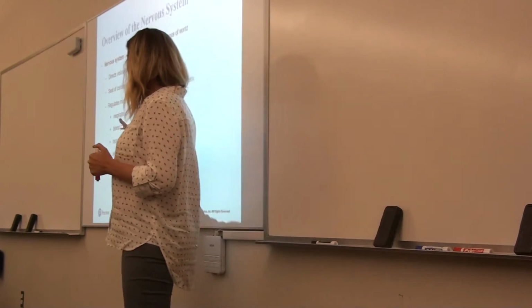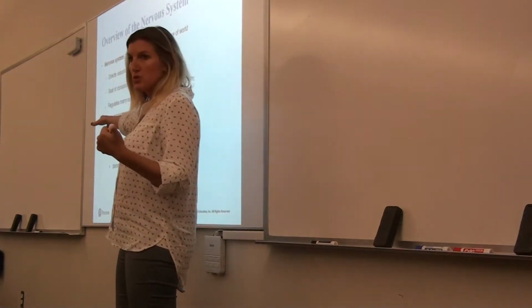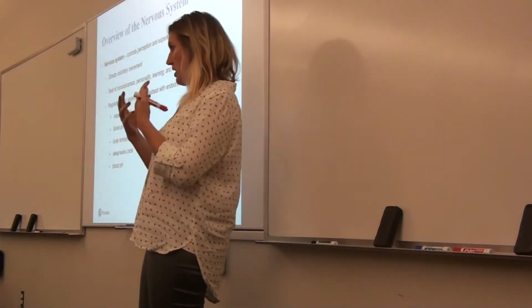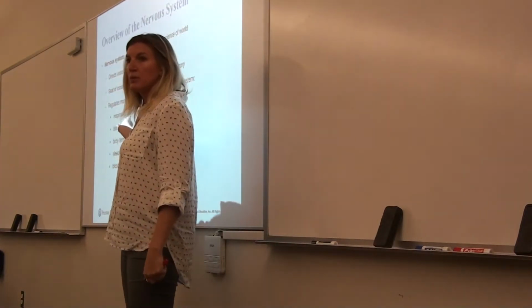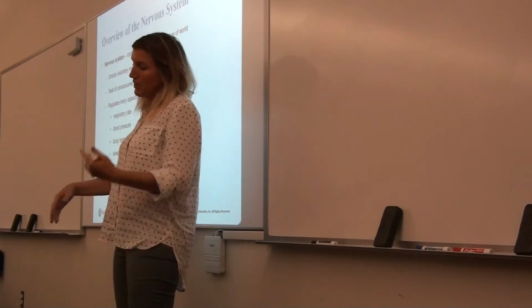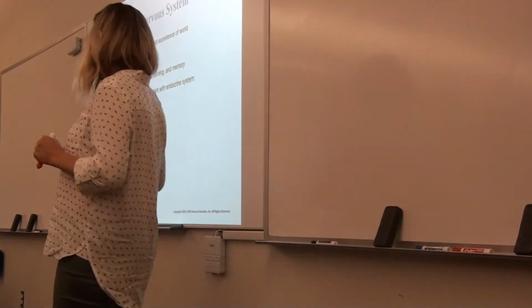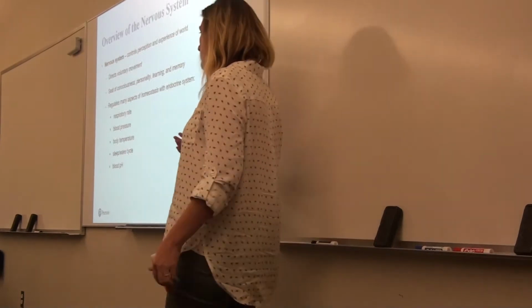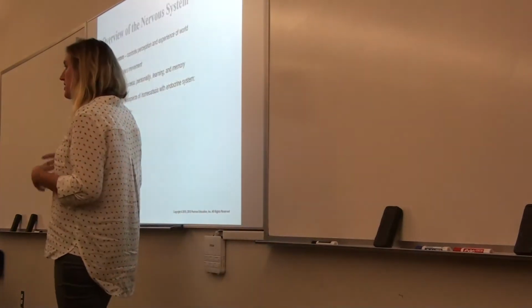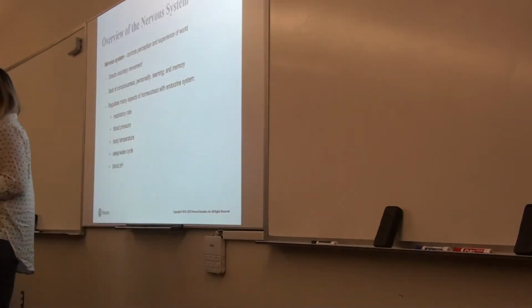So here we're talking about regulating respiratory rate based on incoming information, right? Based on all of the sensory information coming in. Regulating blood pressure, again, based on the sensory information coming in. Regulating body temperature, pH, right? Hormone levels, sleep-wake cycles. All of these things are all regulated from our nervous system.